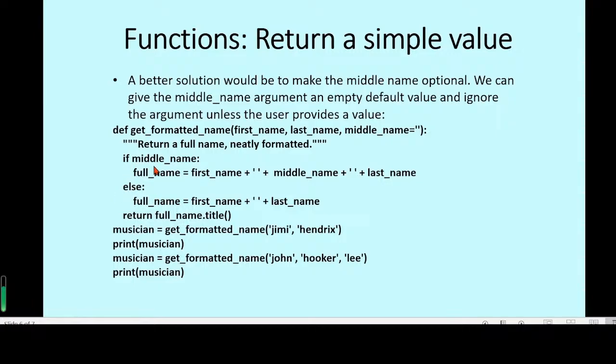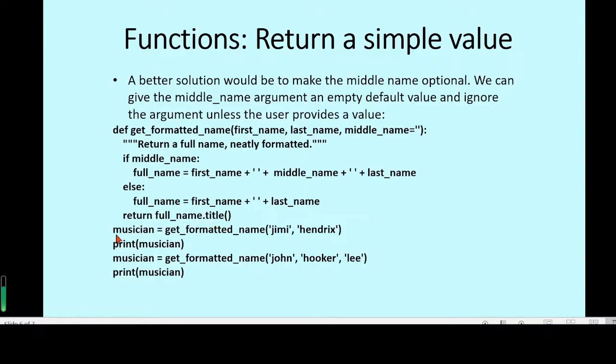Else means the user did not input a middle name, so full name is only first name concatenated with last name. Then in the end, the function will return full name, the title form.